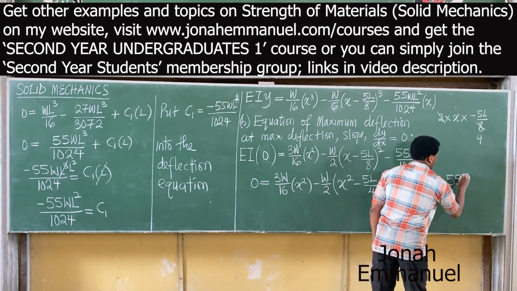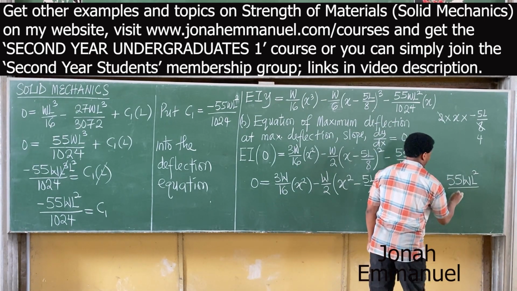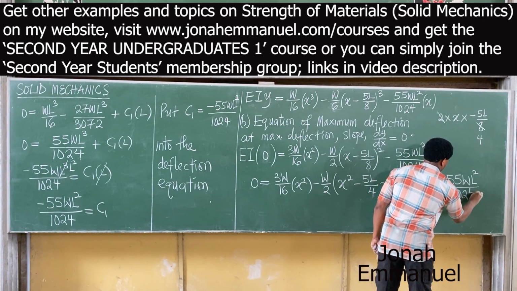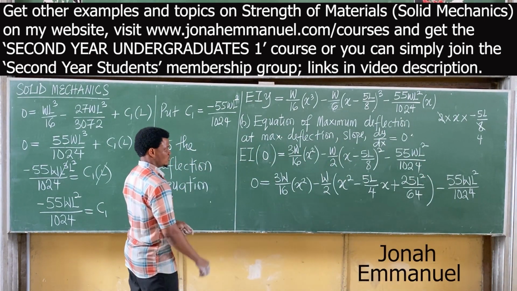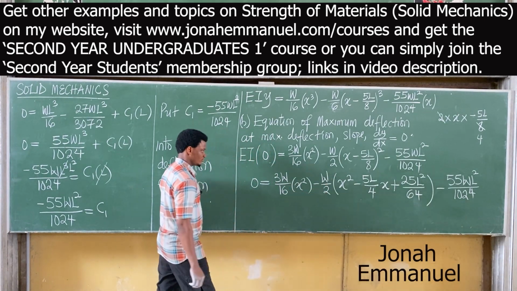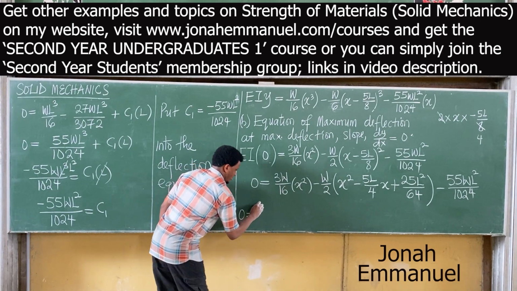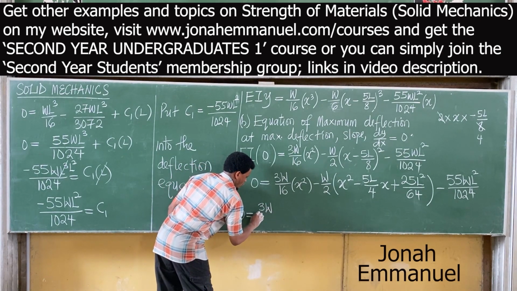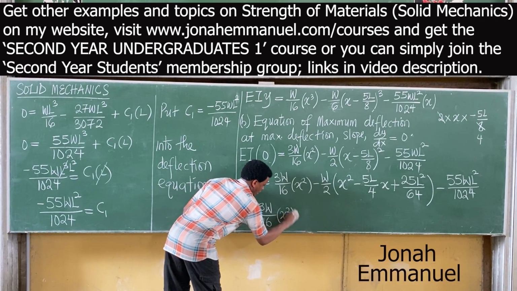Minus 55 WL squared all over 1024. So I have this. At this juncture, let's use W over 2 to multiply through. I'll have that 0 is equal to 3W over 16 into x squared.